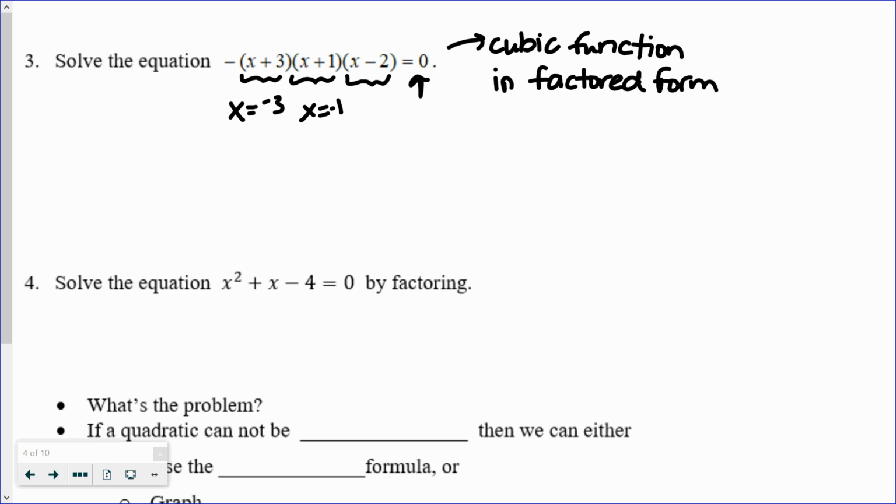And in order to make x minus 2 equal to 0, it would be x equals +2. So those are our solutions that would make the left-hand side equal to the right-hand side. So again, if it's in factored form, you just analyze each of the factors or solve each of the factors to figure out what is equal to 0.